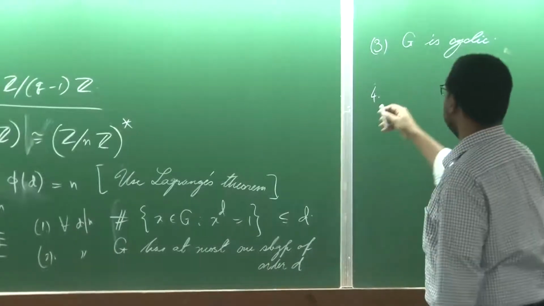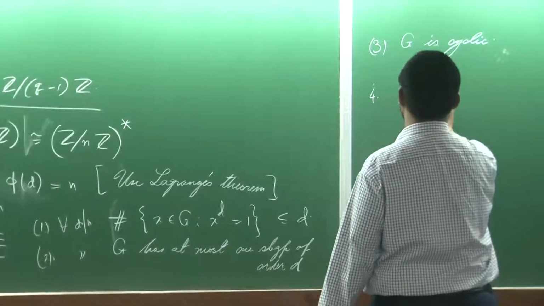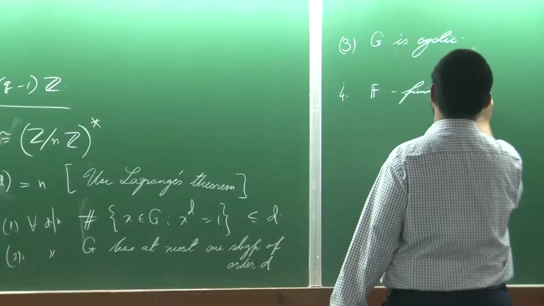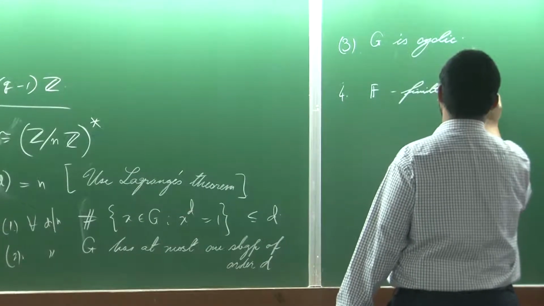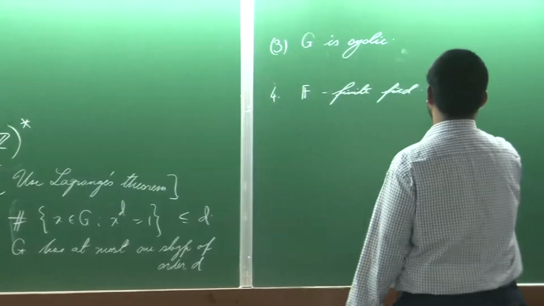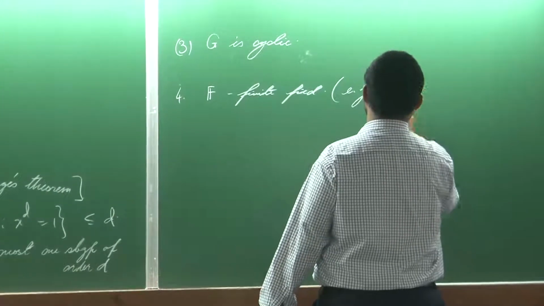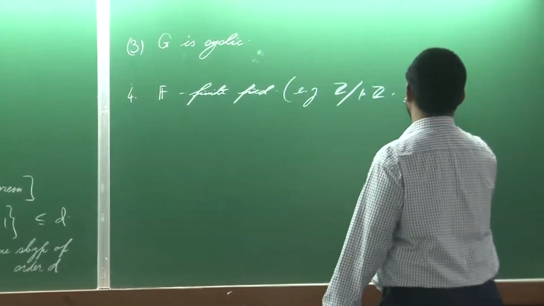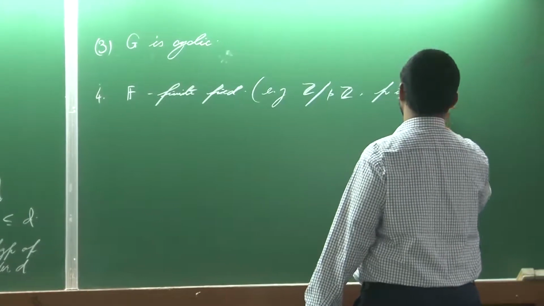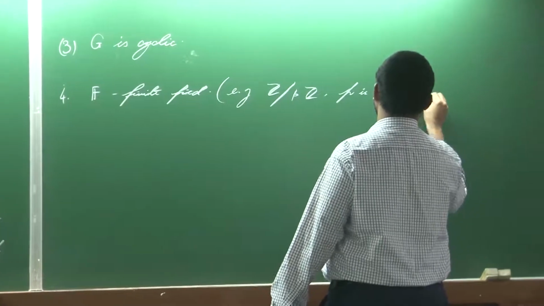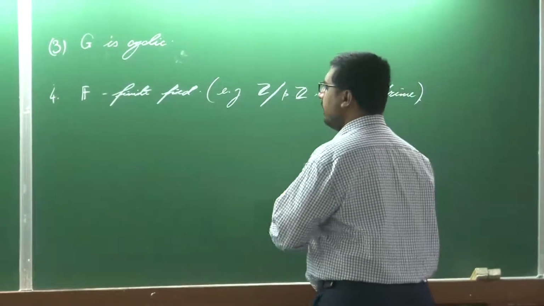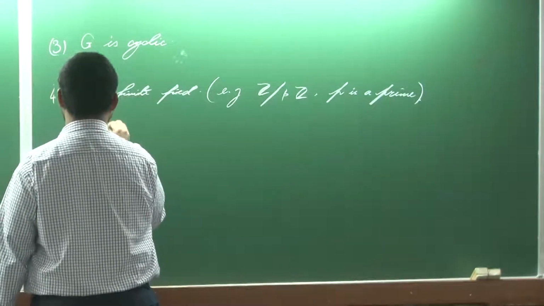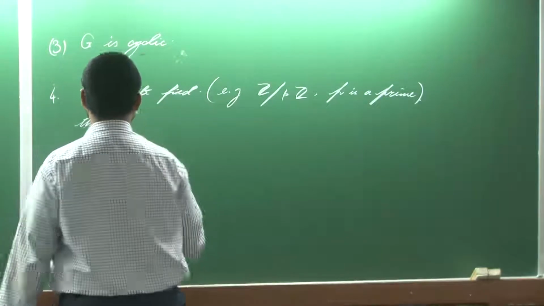The fourth exercise says: let F be a finite field. For example, Z modulo pZ, where p is a prime. If it is a finite field, then its multiplicative group is cyclic.